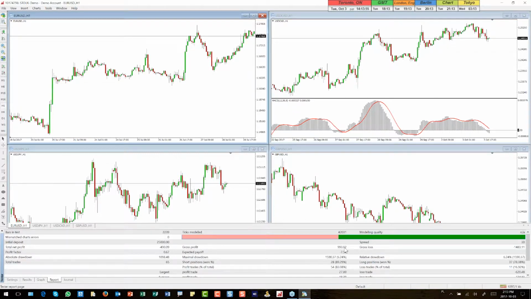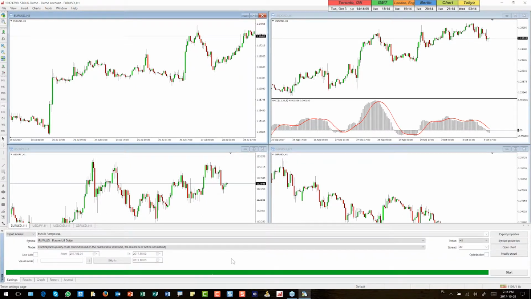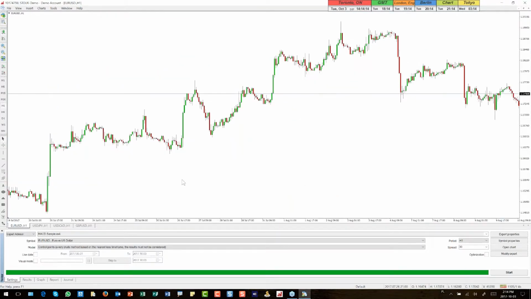And then there is another method, control points, which is a very crude, very quick method to test, and then I can start testing. There you go. When you hear that sound, you know that the test is done, and as you can see the results, of course, that sample strategy fails. It doesn't give us too much profit, as you can see.